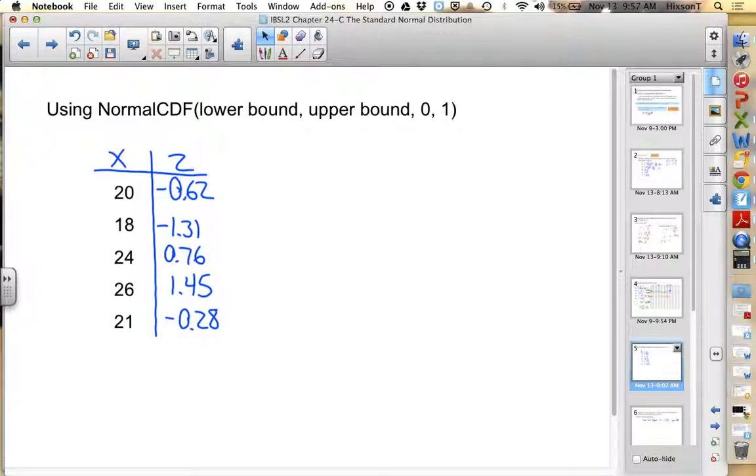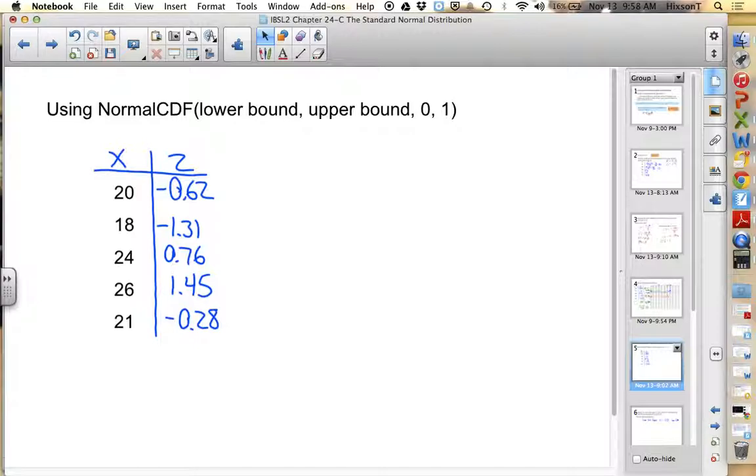Some people were questioning why we have to convert them to z's if our calculator was able to find it for the original values. Well, if all we're ever going to do is find these probabilities, we really don't have to convert them to z's.